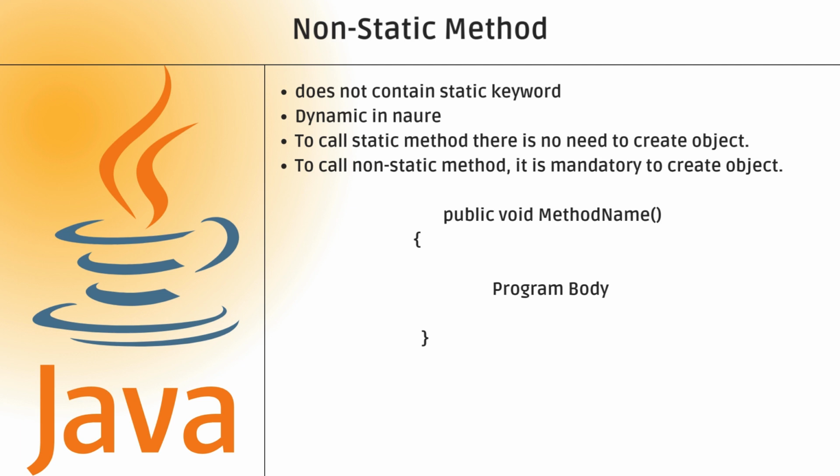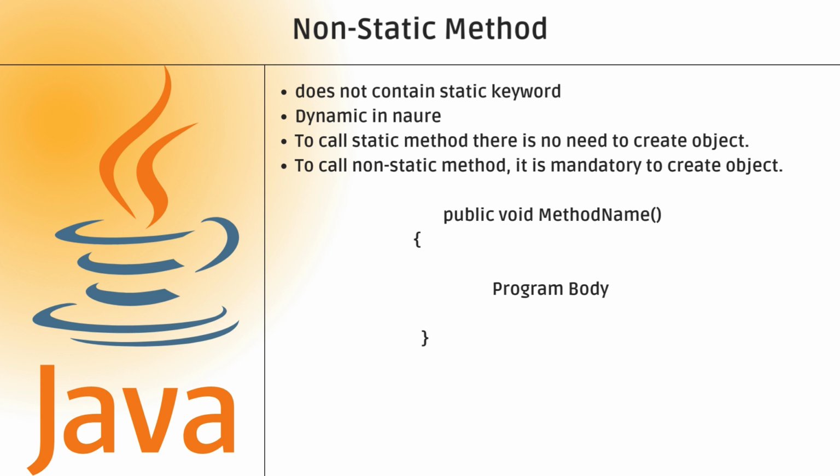So it's exactly opposite to the static method. The nature of a non-static method is dynamic and we can modify it. To call the non-static method, we need to create an object. What is an object, how to create the object and how we can use it to call the non-static method, that we will see in the upcoming videos.